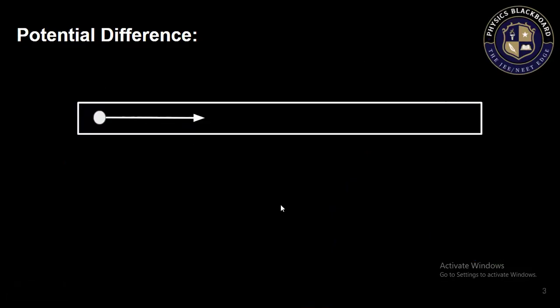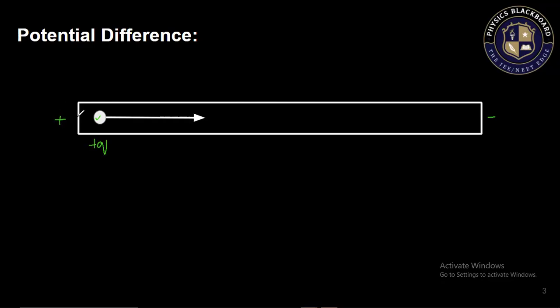Now, assume this is a conductor, and this is a unit positive charge. It is moving from one end of the conductor to the other end. How is it possible? It is possible by connecting this wire to the power source, that is, a battery.